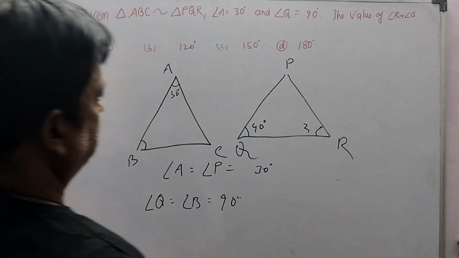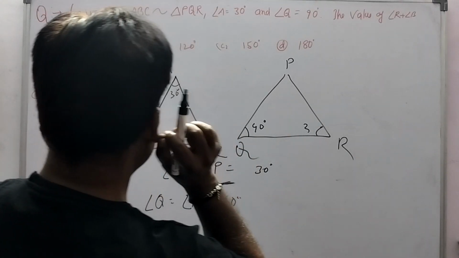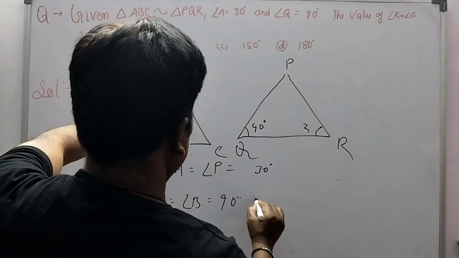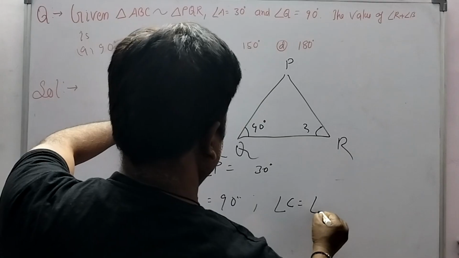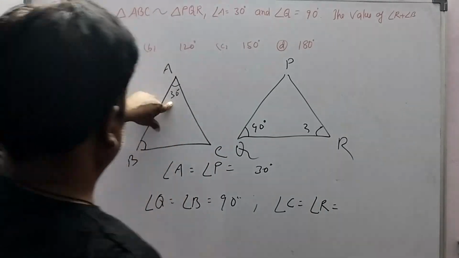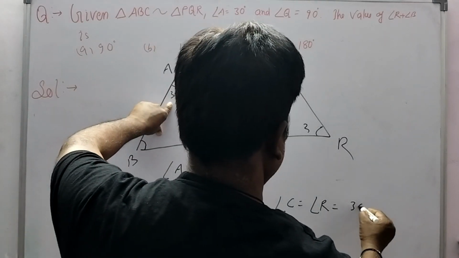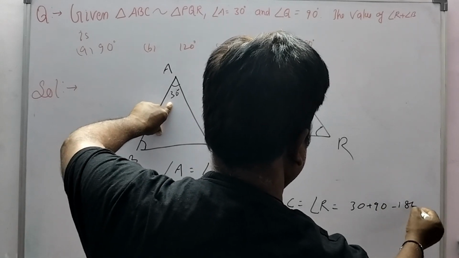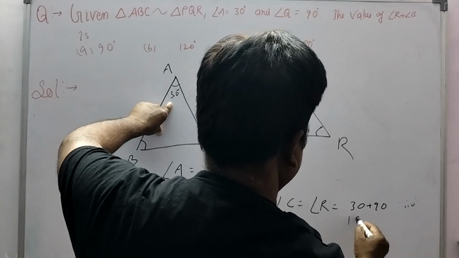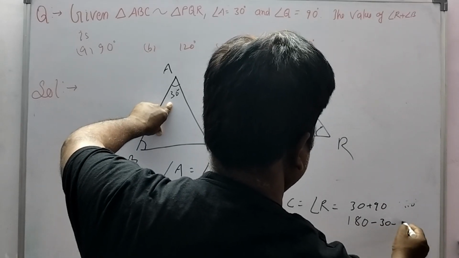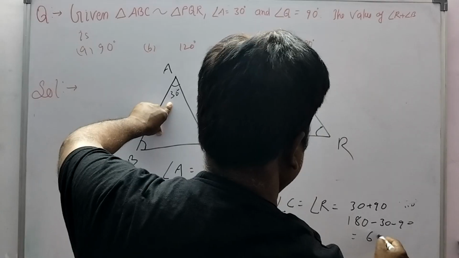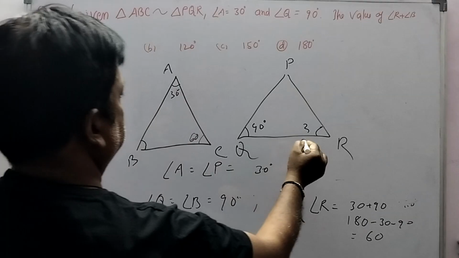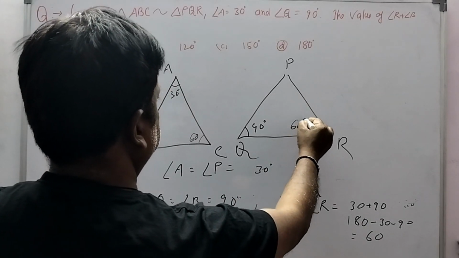Angle C equals angle R, which is 180 minus 30 minus 90, that is 60 degree. So this angle is 60 degree, and this also becomes 60 degree.